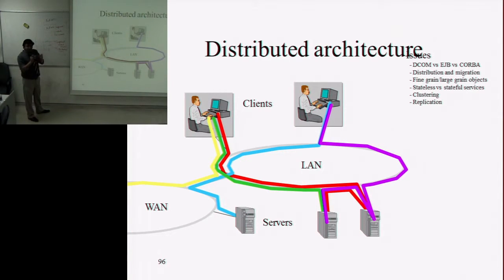COM was used for local applications, desktop applications. Then DCOM was introduced to run local applications remotely over the network, over LAN, MAN.